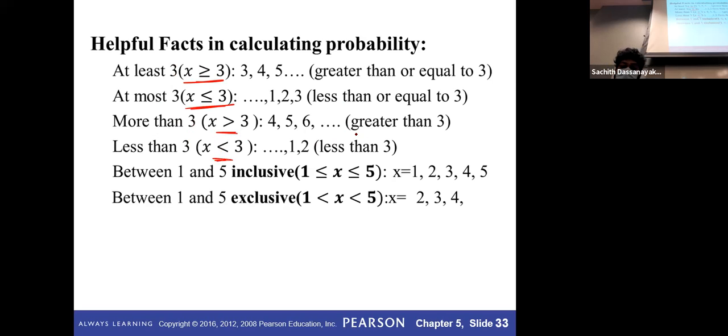Inclusive, between this one and this one, means the equal sign is there, so you consider the boundaries as well. Exclusive means you have to eliminate the boundaries. So be careful with these words and don't miss them. If it is inclusive, then please consider the boundaries. Sometimes you may have exclusives as well.